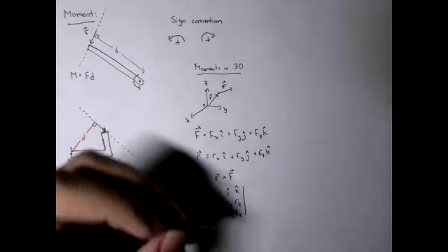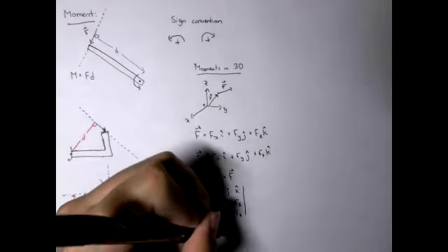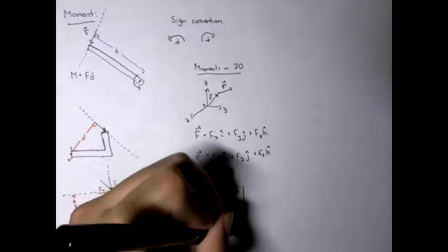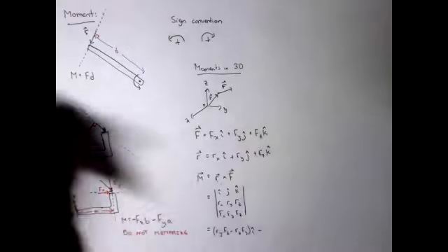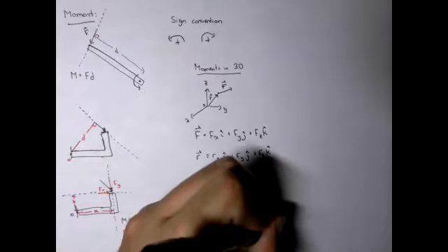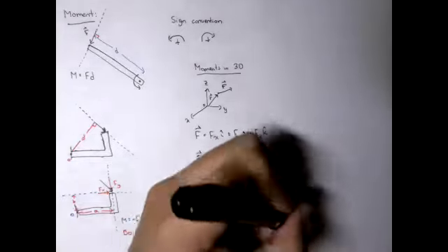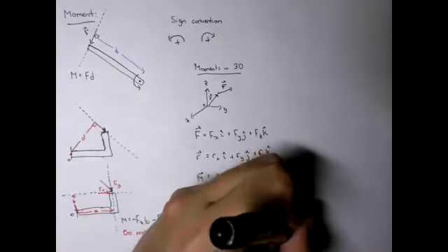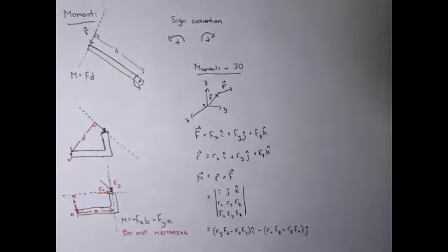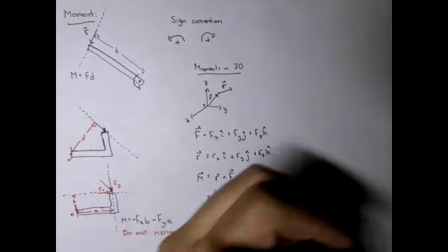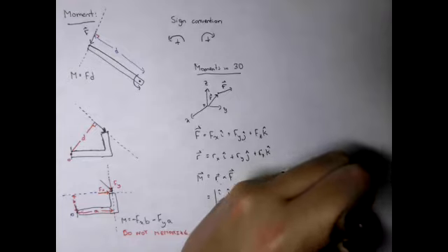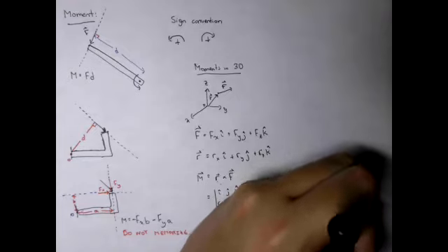We mentioned that to solve these position vectors, this would result in Ry Fz minus Rz Fy in the I direction, minus Rx Fz minus Rz Fx in the J direction, plus Rx Fy minus Ry Fx in the Z direction.